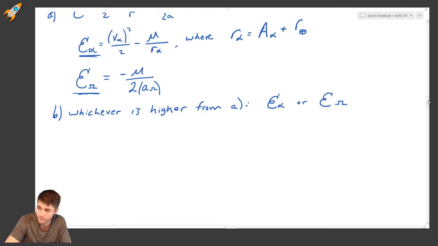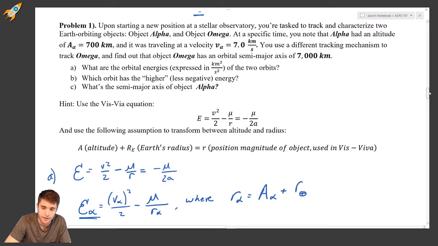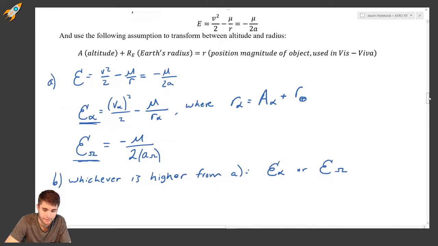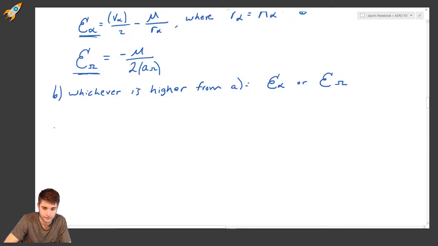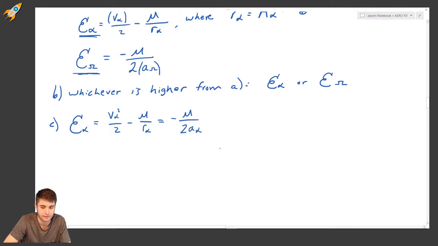And let's look at problem C now. Problem C, what is the semi-major axis of object alpha? Okay, so let's look at this. E of alpha is equal to V of alpha squared over 2 minus mu over the position vector of alpha, which is equal to negative mu over 2 times the semi-major axis of alpha. And we want the semi-major axis of alpha.